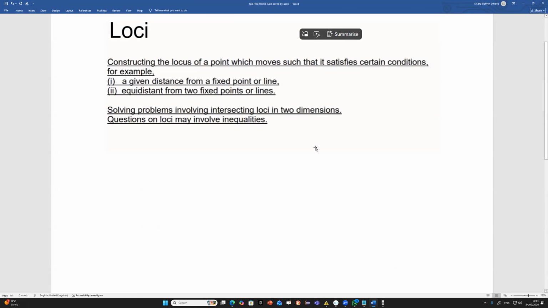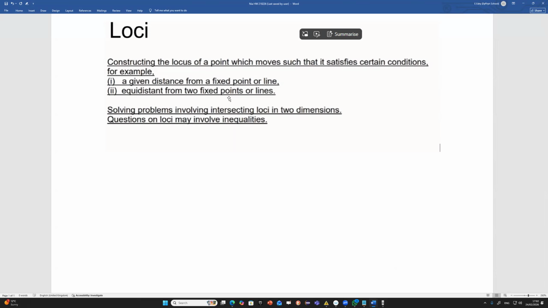You've got to be able to do points that are equidistant from a fixed point. That just means they're the same distance from a fixed point. Equidistant from two fixed points is just the middle. If it's two lines, we call it the angle bisector.